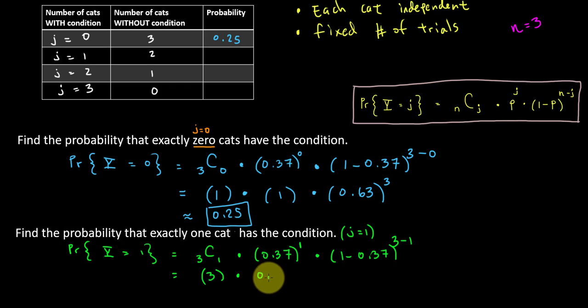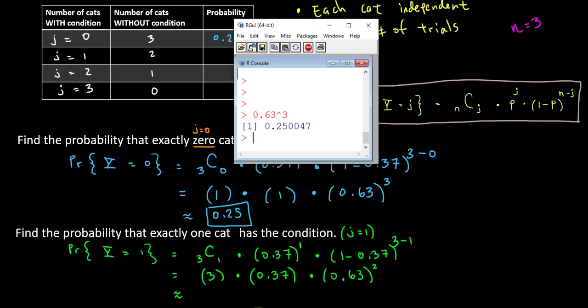This is 0.37 to the 1st, not much simplification there. And here we've got 0.63 squared. So I will cruise on over to R and type that all in. While I'm here, I will remind you of the choosing function in R. Choose big number, comma, smaller number.